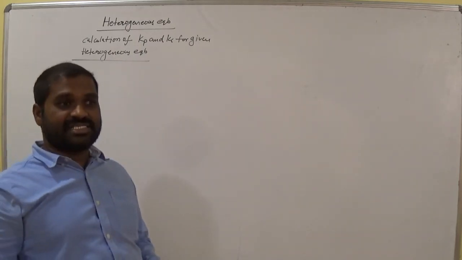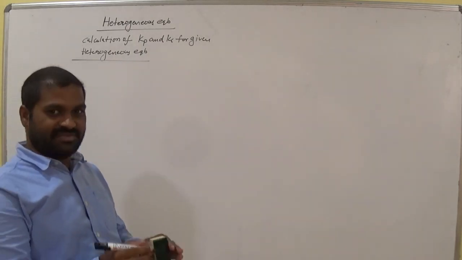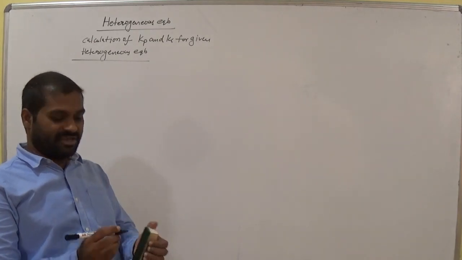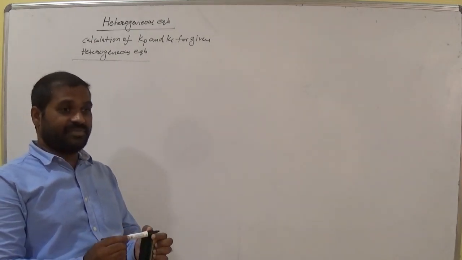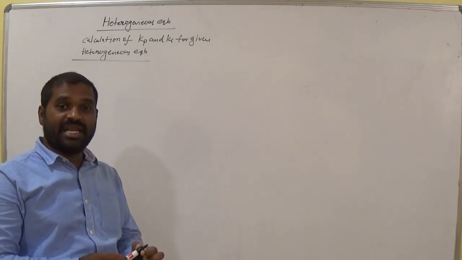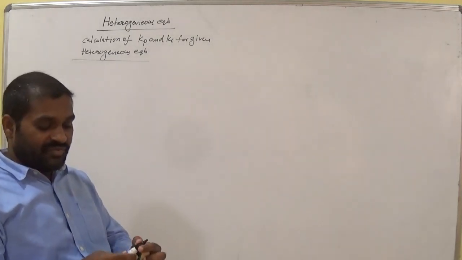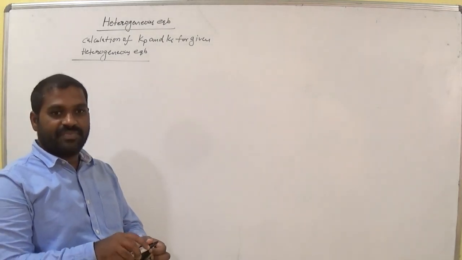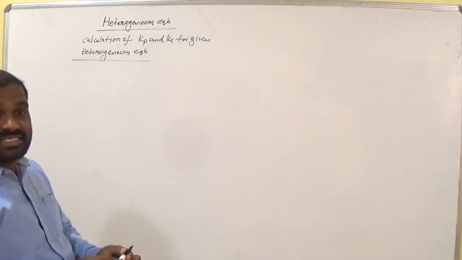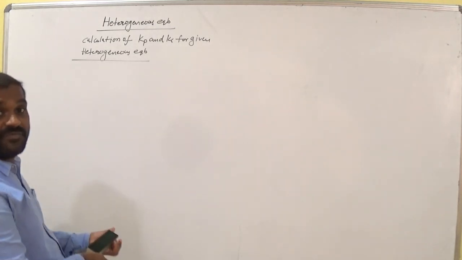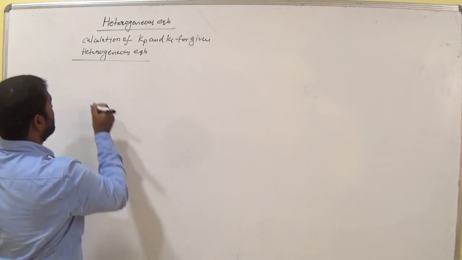So up to now we discussed homogeneous equilibrium. Is it clear? Now it is heterogeneous equilibrium. So what is meant by homogeneous equilibrium? The reactants and products are in the same physical state. Is it clear? But where the reactants and products are in different physical states or different phases.